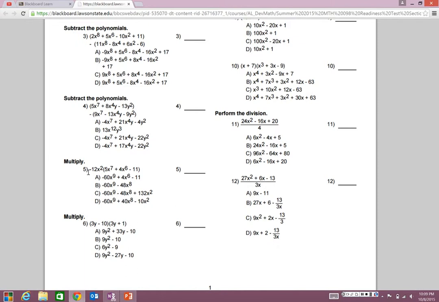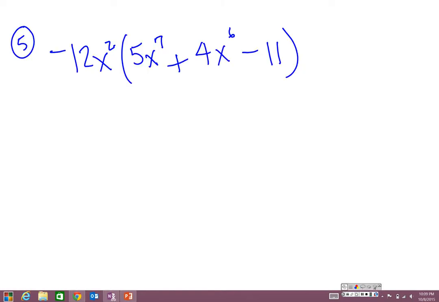Alright, let's move on to number 5 now. Now we have a negative 12x squared right next to a parenthesis. So this is multiplying a monomial times a polynomial. What we need to do for number 5 is multiply negative 12x squared times everything in this parenthesis. And then we'll have our answer. Let's get started.